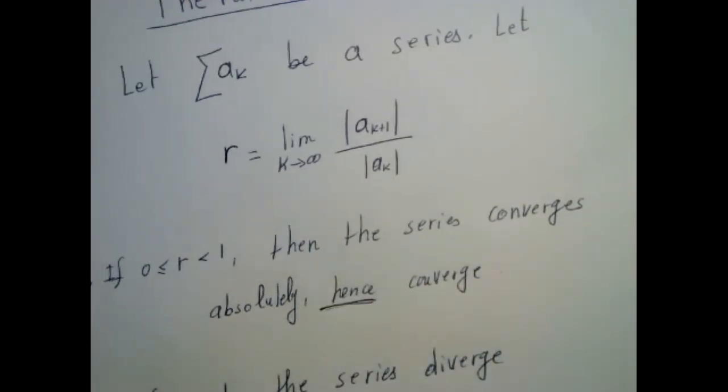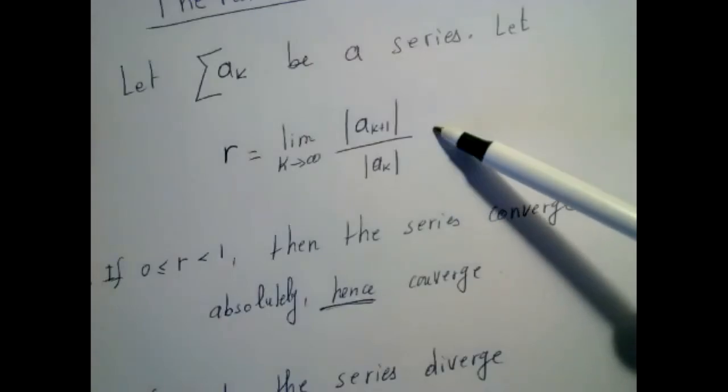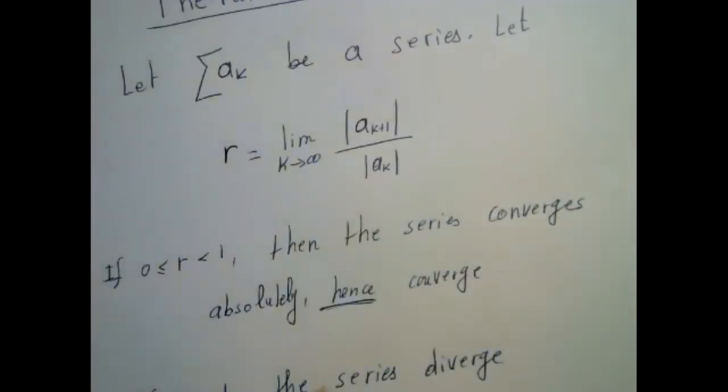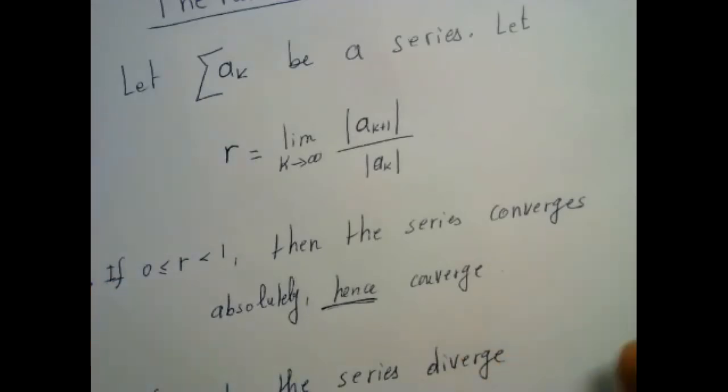If I have a series with positive terms, absolute or non-absolute, it's the same thing. The absolute value doesn't really make sense for positive terms. Absolute value makes sense when the terms start to become positive, negative, positive, negative. But if the terms are positive, it's the same thing. Right? Yes. Thank you very much.